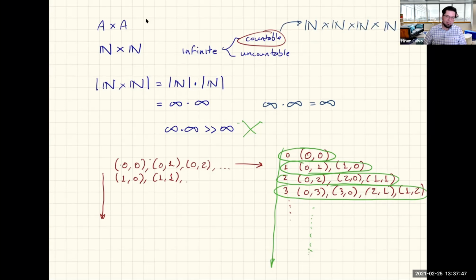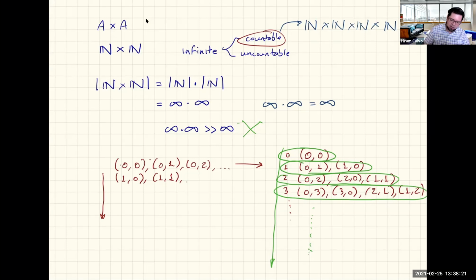Why? Because I will always be able to apply this trick. The important part of the trick is that I arrange the elements so that every natural number corresponds to a finite set. If it were infinite, then I'm in trouble, which will be the case for other sets.